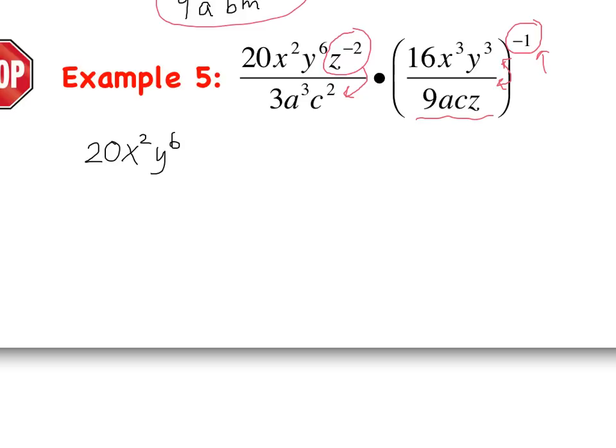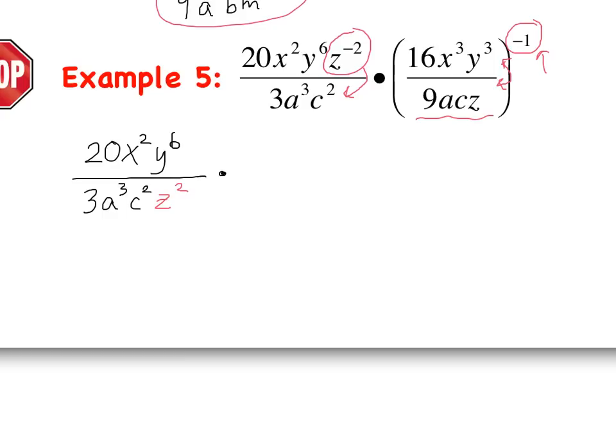So our first step, we've really got this 20 x squared y to the sixth. That z to the negative 2 will go down in the denominator, over 3a cubed c squared, and now this z to the second. It is now a positive z squared.